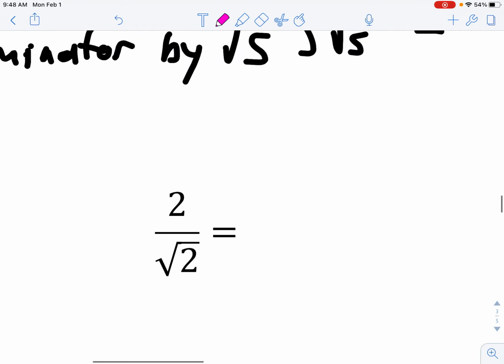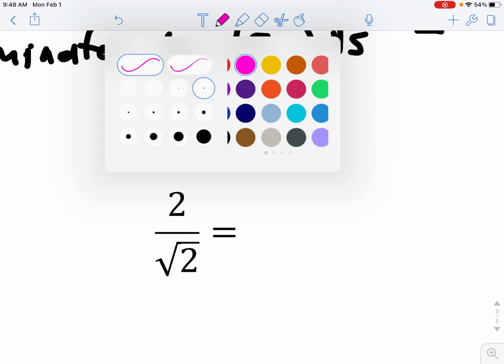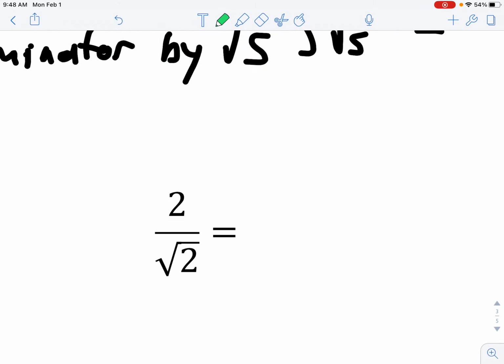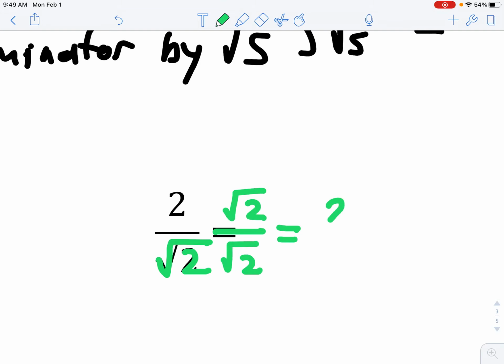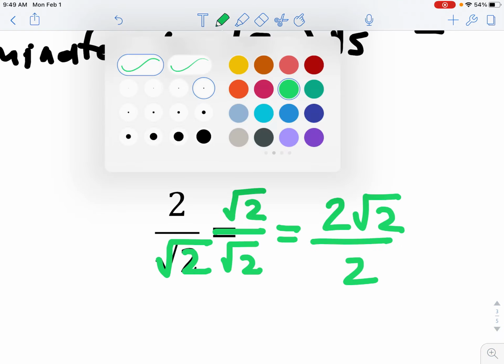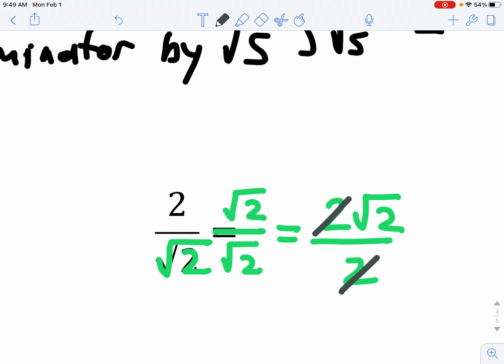All right, now this one is when we start to get a little bit nicer on seeing why we're doing what we're doing. Identify the radical. Multiply both numerator and denominator by the radical. I'm going to get 2 radical 2 over 2. And this is the first time we have actually seen a little bit more simplification.